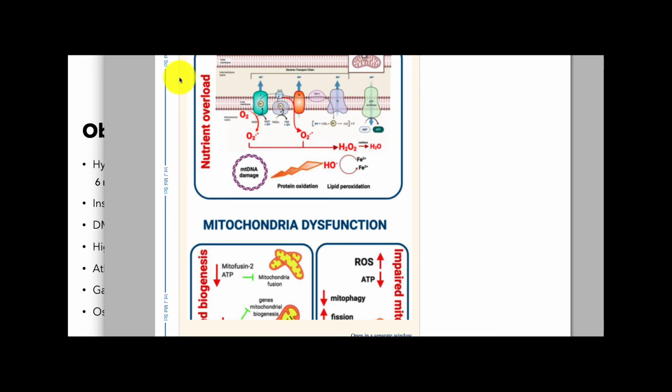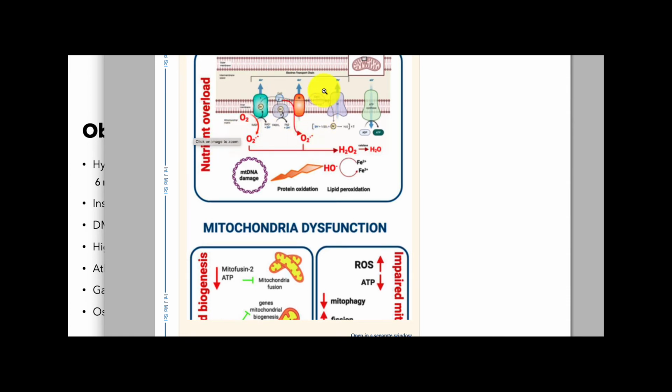You might have to tell me how nutrient overload, which is fluxes of glucose, lipids, and amino acids coming into the mitochondria, because when we develop diabetes, at first we will have a massive surge in glucose, and then the tissue will become insensitive to insulin, and then glucose can't get into the cell.